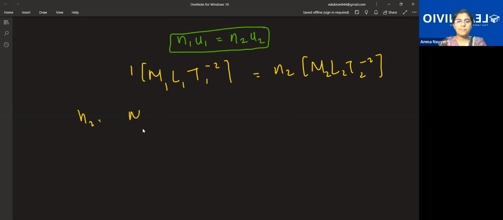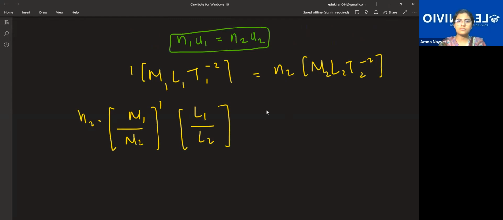So see, M1 by M2 is left to the power, what is the power here of mass? 1. L1 by L2, what is the power? 1. T1 by T2, what is the power? Minus 2. So M L T to the power minus 2.